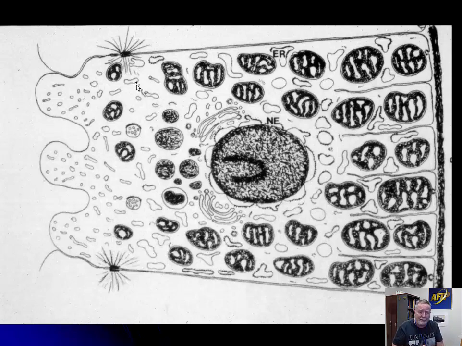Now, the other thing that is extremely prominent right now is that there are profound changes in the mitochondria. At this point, we call this low amplitude swelling. It's a reversible change in the mitochondria, but what we see is there is swelling within the lipid bilayer and within the cristae.